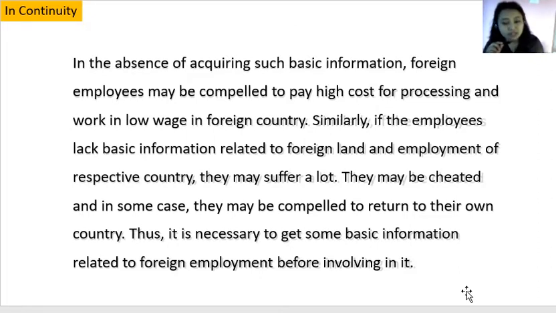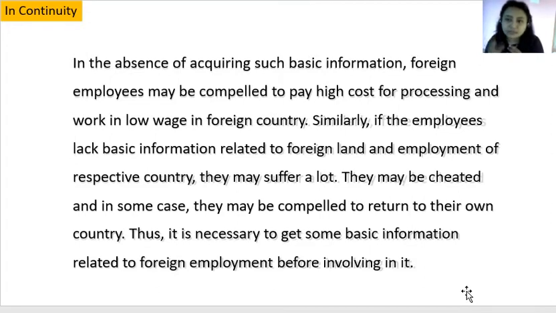And after paying a lot of money, when you go to the foreign country and you don't have the basic idea of what to do, then that company will compel you to return to your own country. Now look at this: if you don't have the basic idea, your money will be lost on one hand, and your job will be lost on the other hand. This is very common.